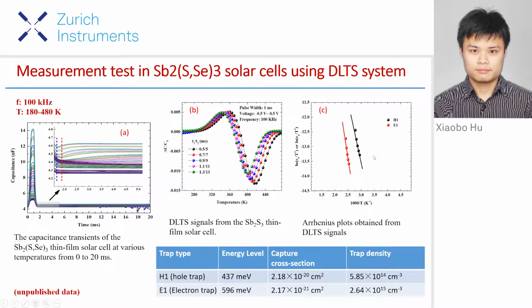Figure C displays the linear plot through a linear fitting of the 5 points around the DLTS peak or trough. The associated defect energy levels are determined. The defect properties such as trap type, the activation energy level, the capture cross-section, and trap density are concluded in this table.